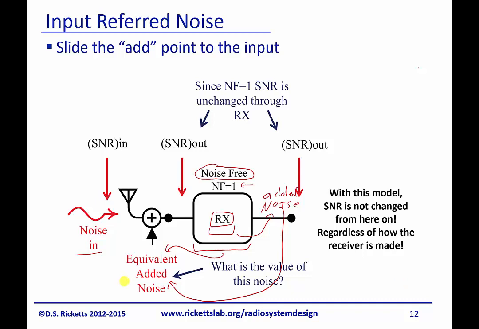And it's also convenient because now I can compare the added noise to the noise in the signal at the input, and that really gives me a good idea. For instance, if the added noise was going to be much larger than my actual signal, I could tell right away that I was going to have a problem.